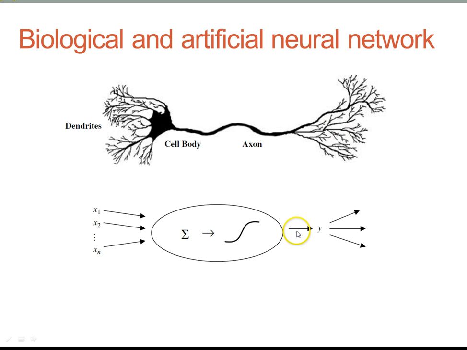But when we make an artificial neural network, it looks like this. We're going to put values for different variables over here, and then we're going to predict something over here. What's the example we just used? For the iris, we put in the sepal length, sepal width, petal length, and petal width.